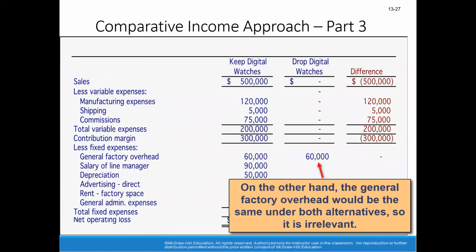On the other hand, the general factory overhead would be the same under both alternatives. So since that general factory overhead is going to be the same if we drop it or don't drop it, we're going to make that an irrelevant cost. Got it?